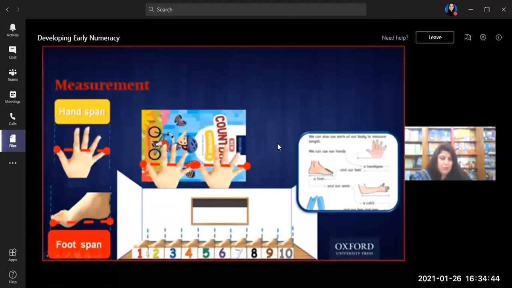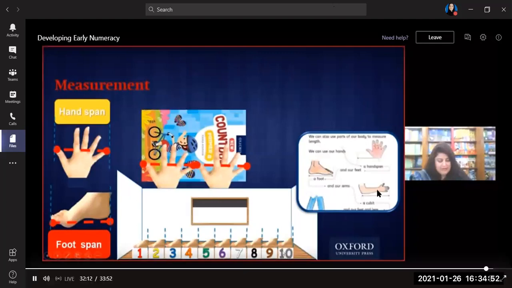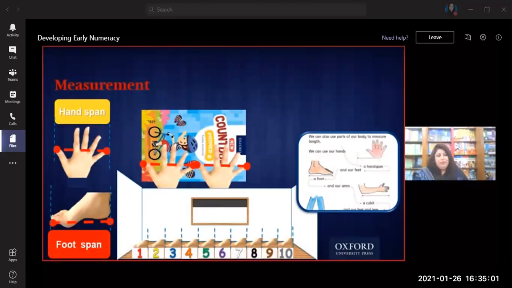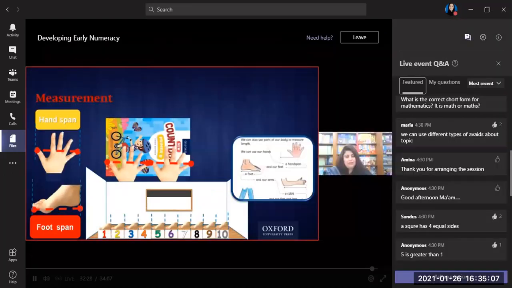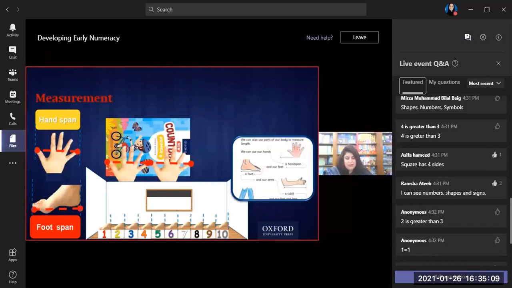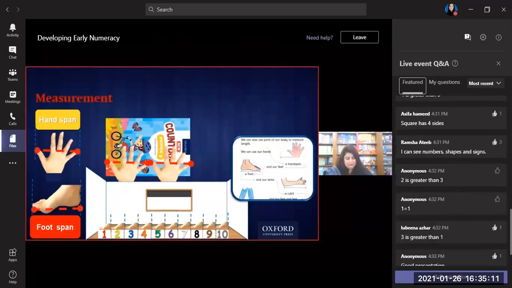So 1, 2, 3, 4, 5, 6, 7, 8, 9, and 10 foot spans is equivalent to the size of their classroom. So you can actually introduce different things, and they should be able to actually use their hand and their feet as something to measure different objects.